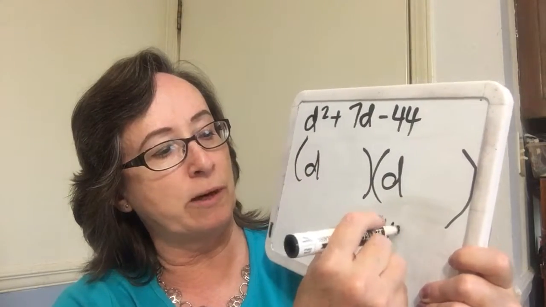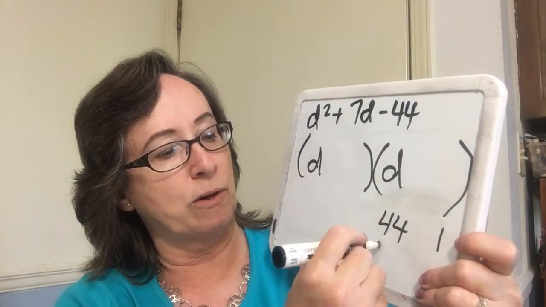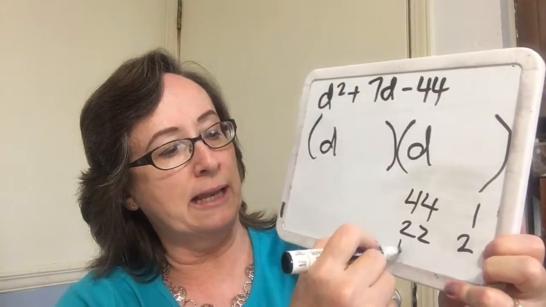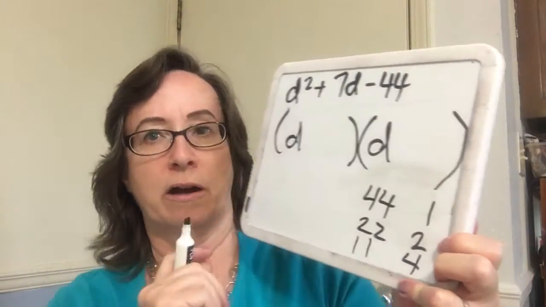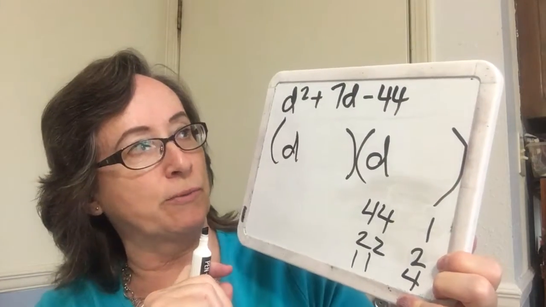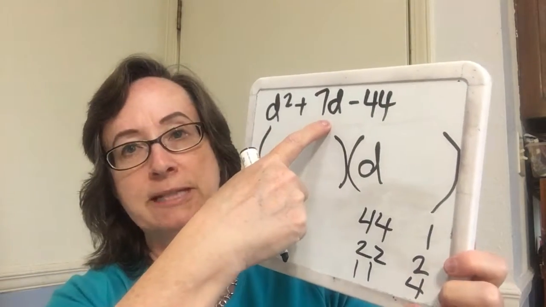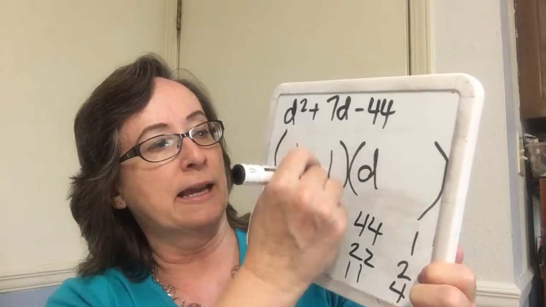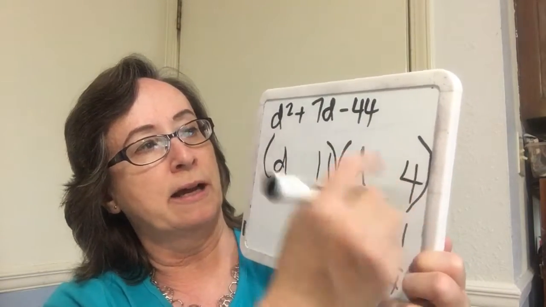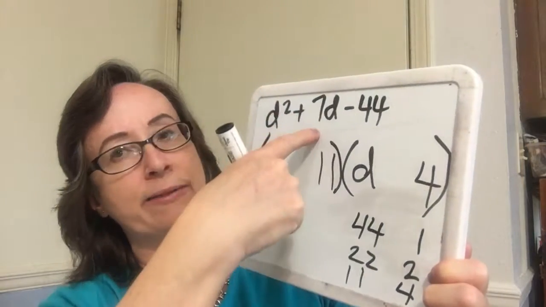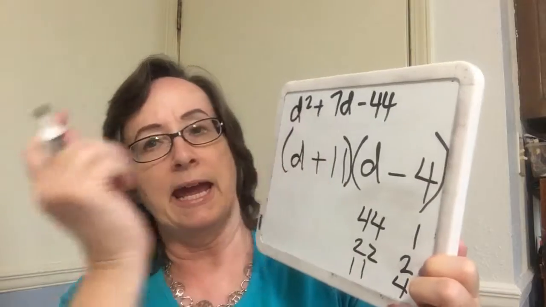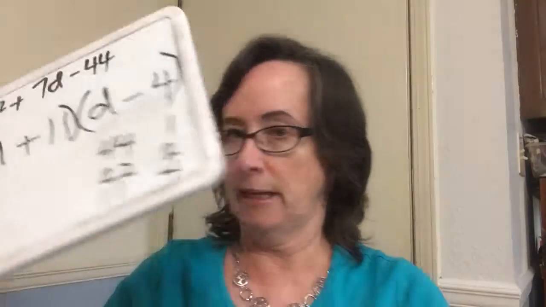So 44 and 1, or 22 and 2, or 11 and 4 are my factors of 44. And I'm looking for a difference that will give me a 7. And so I'm going to go with the 11 and 4. 11 and 4. Opposite signs. I want the 7d to be positive, so I'll make the 11 positive and the 4 negative. And there we have it.